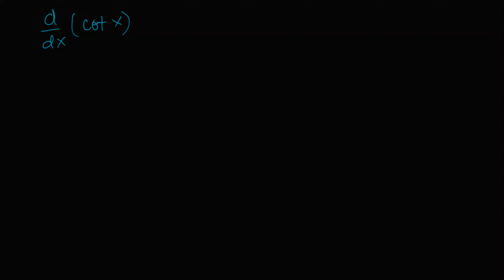Okay, so let's take the derivative of cotangent of x. What do we see? Cotangent of x is cosine of x over sine of x.